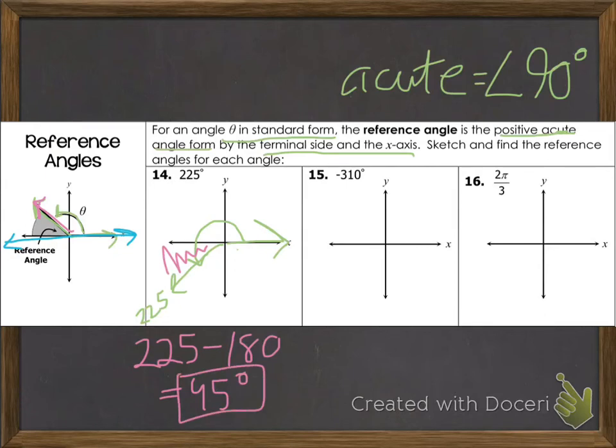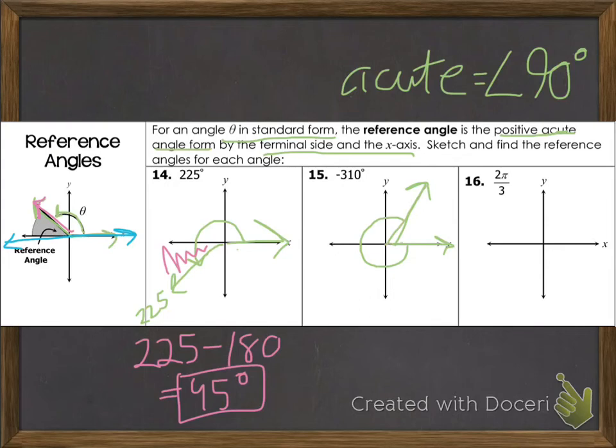Well, now what if we have negative 310 degrees? Well, we're going to be starting from here. This is our initial side, but now we're going this way. So we're going to go 90, 180, and almost 360, but it's going to stop roughly about there. So our angle is supposed to come out from the origin. It's supposed to be like that.